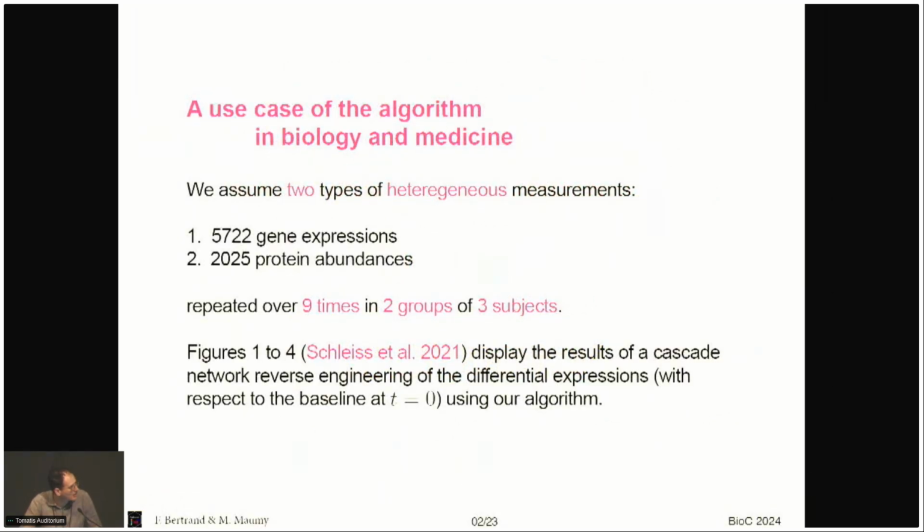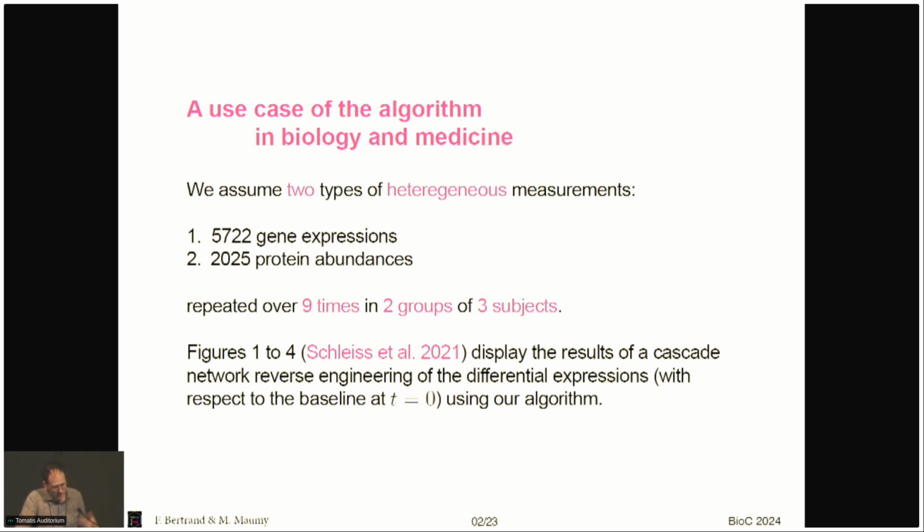So basically, we had to deal with two kinds of measurements, from a statistical point of view and from a biological point of view. We had RNA-seq data and also proteomics data.